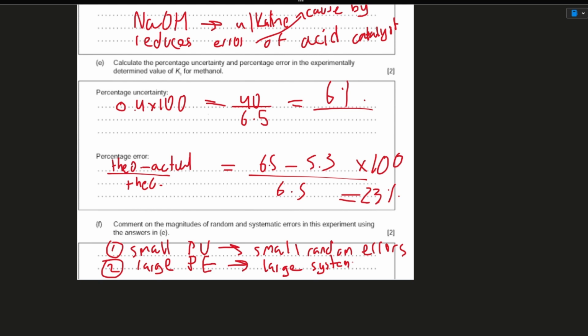Systematic error is caused by the quality of the apparatus itself, which can be fixed by either improving experimentation techniques or improving the instruments being used. And yeah, I think that's about it.